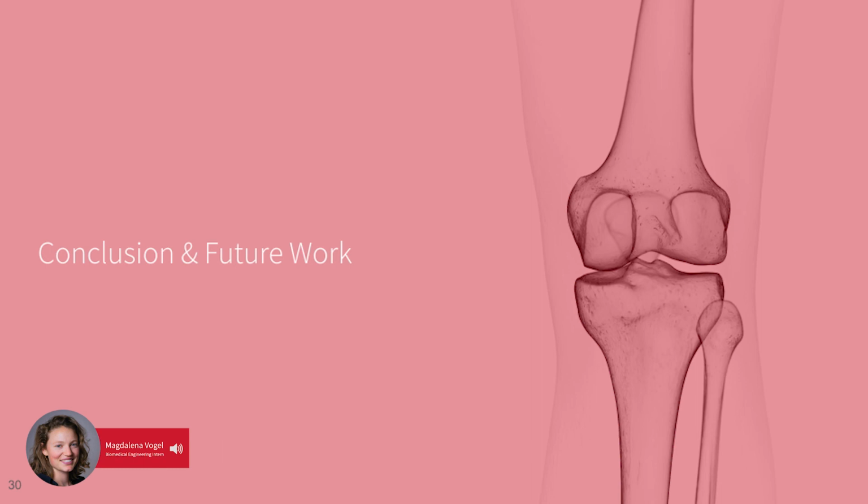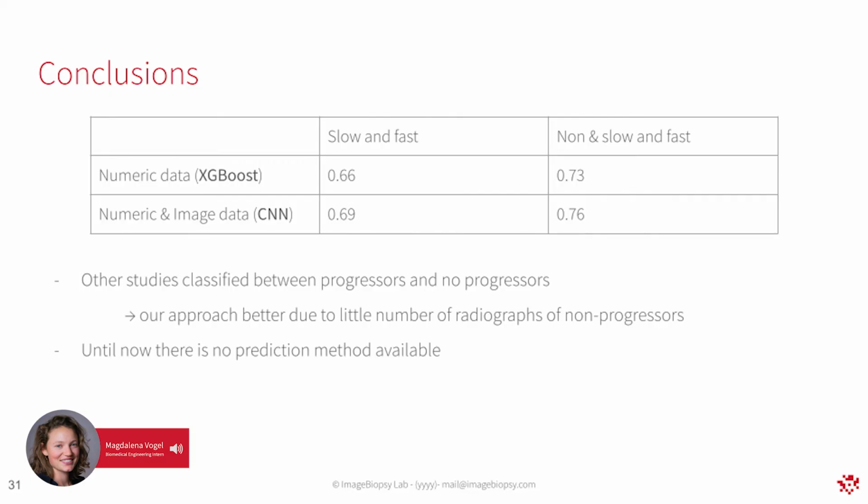So to summarize my results again, once for only using the numeric data with the XGBoost model, and once the numeric data and the image data for the convolutional neural network, we can see we definitely achieved higher results using the image data, and of course when we include the non-progressors because of the big difference between the non and fast progressors.